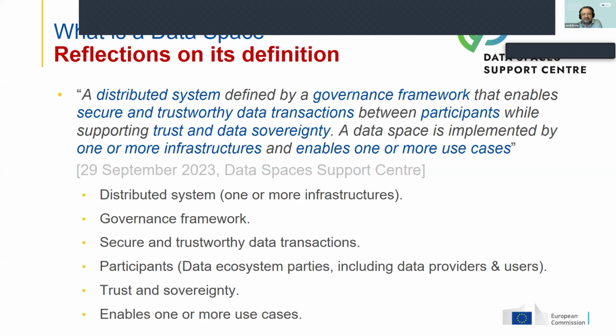This is important to highlight, data transactions between participants, while supporting trust and data sovereignty. A data space is implemented by one or more infrastructures and enables one or more use cases.